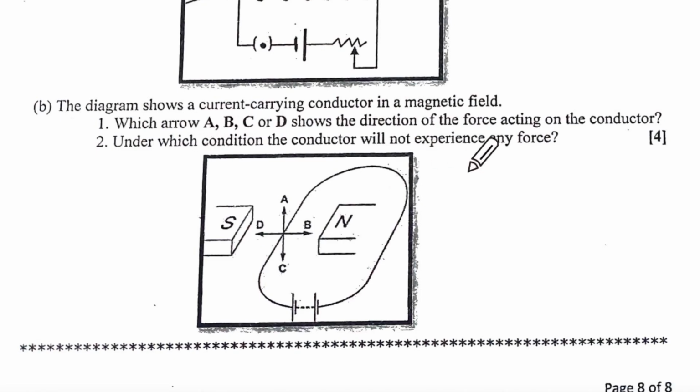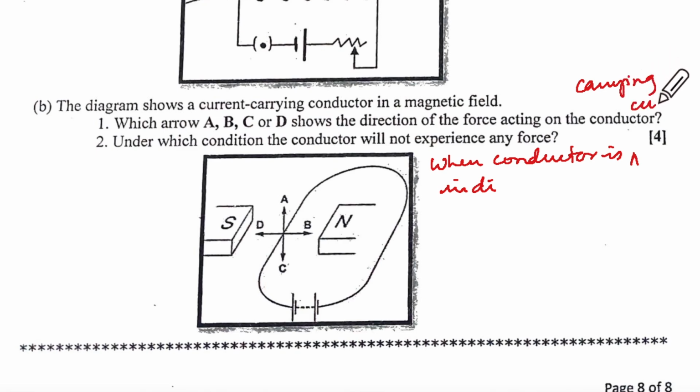So what will you say? Under which condition? When the conductor is carrying current in the direction of the magnetic field.